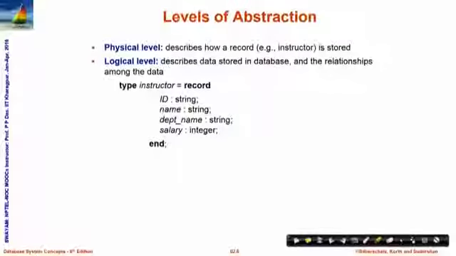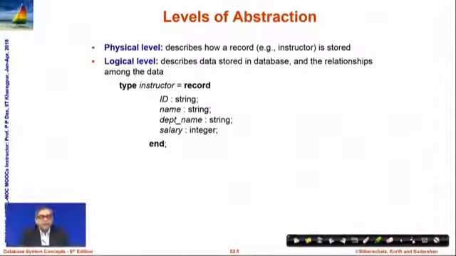Here we have a field to describe the ID, an identifying number or string of an instructor. We have the name of the instructor, the name of the department, the salary, and so on. So, this logically says this is the entity, this is the record, or this is the structure of a record that I want in a logical way.